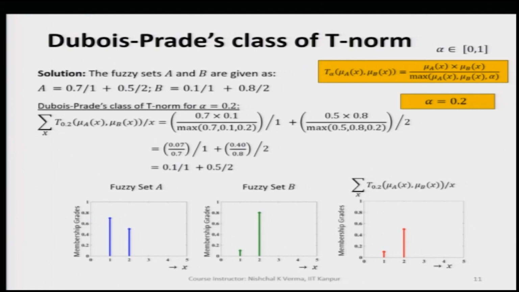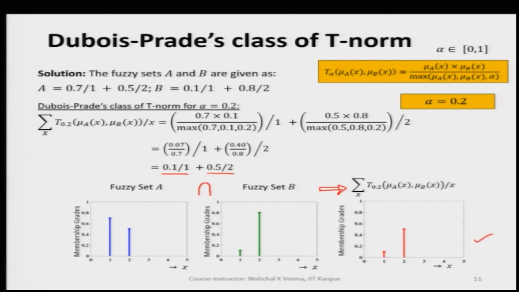I mean these elements are from the intersection of fuzzy set A and fuzzy set B. So, again I can write here that this is the intersection of fuzzy set A and fuzzy set B, and here we are getting the resultant fuzzy set, which again has two elements, 0.1 by 1 plus 0.5 by 2, and when it is plotted it looks like as it is shown here.